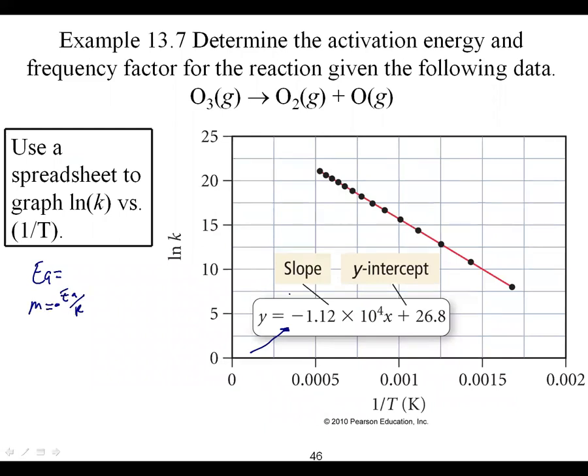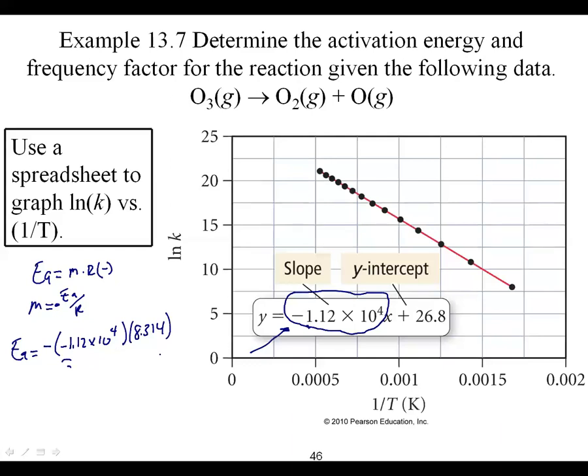The slope that we see here is a negative slope, like we talked about. So Ea would equal minus 1.12 times 10 to the 4 times 8.314. And that would get us something like 93116.8.